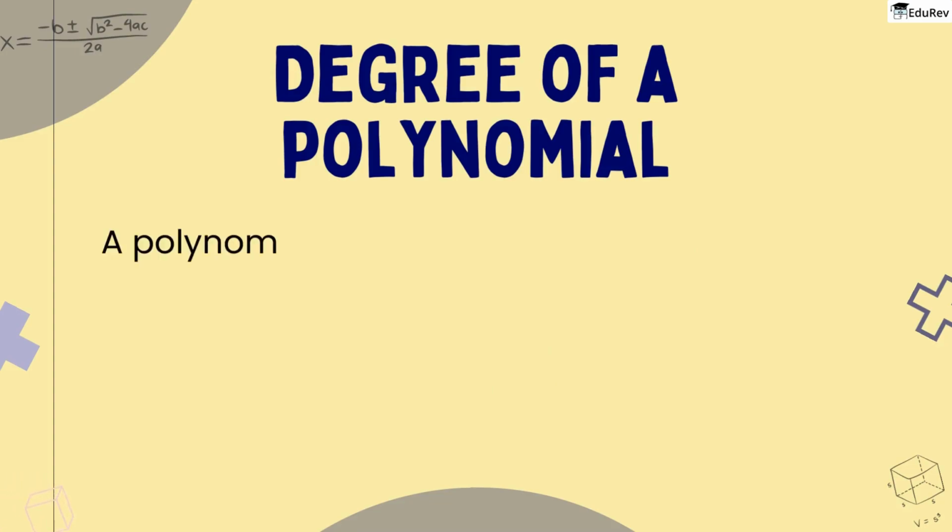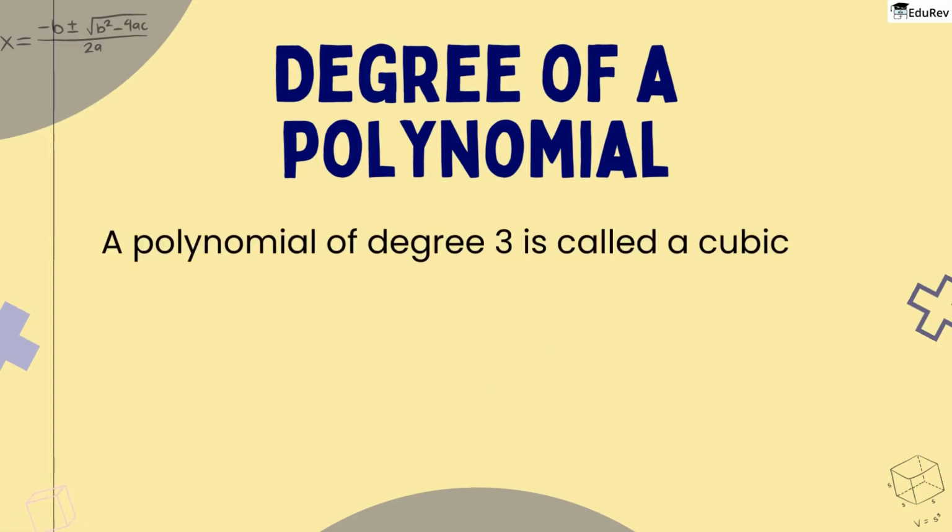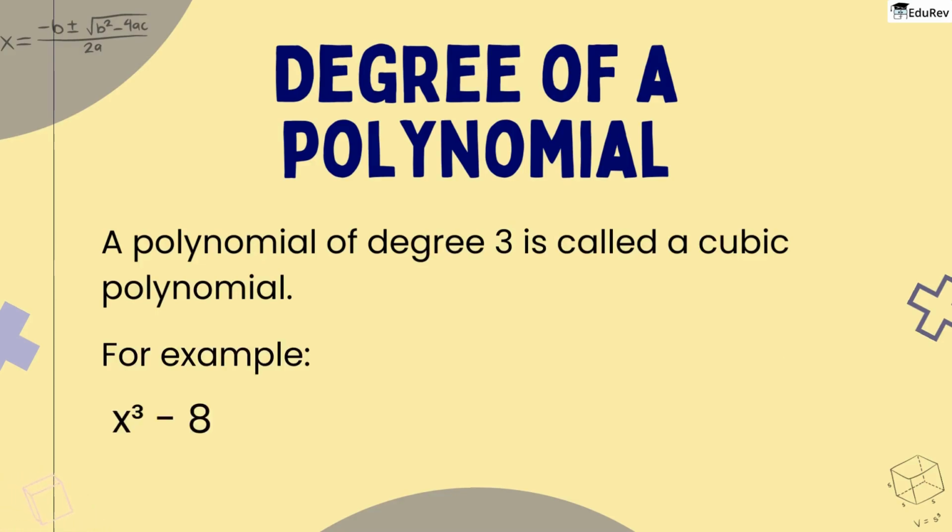Now, a polynomial of degree 3 is called a cubic polynomial. Some examples of cubic polynomials are x cube minus 8, root 2x cube, x cube minus 2x square plus x minus 1.